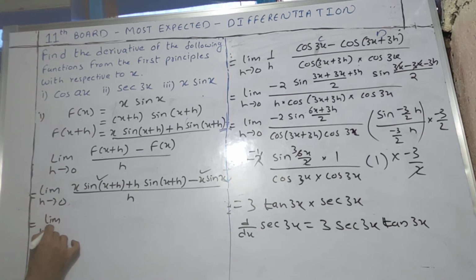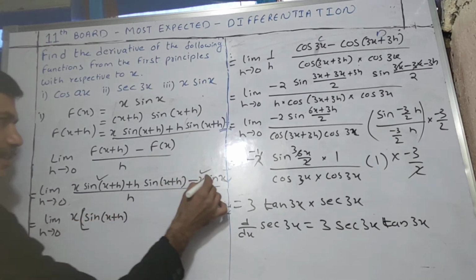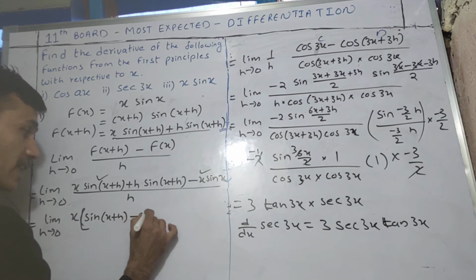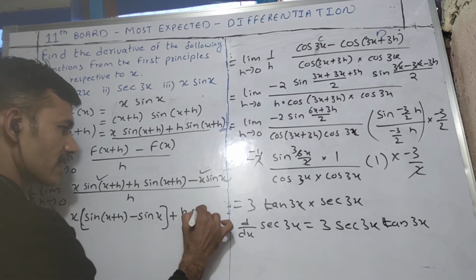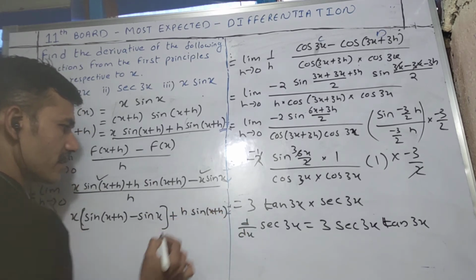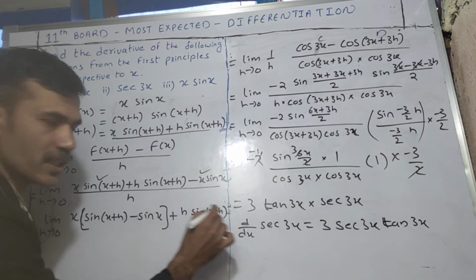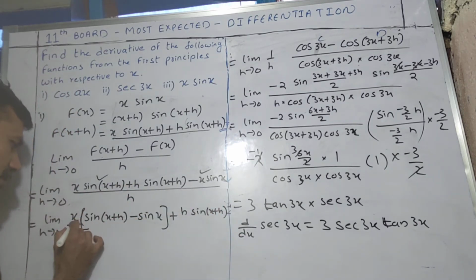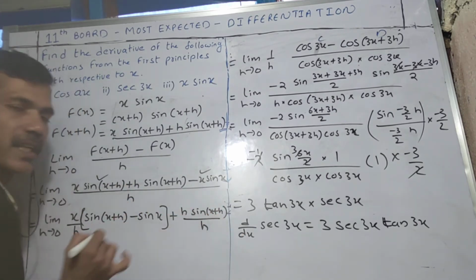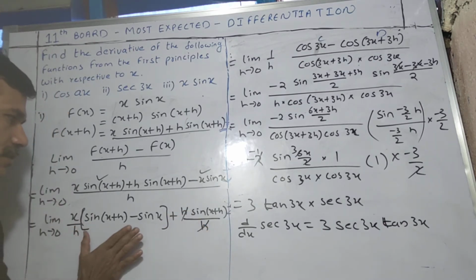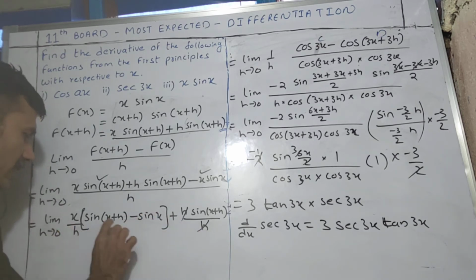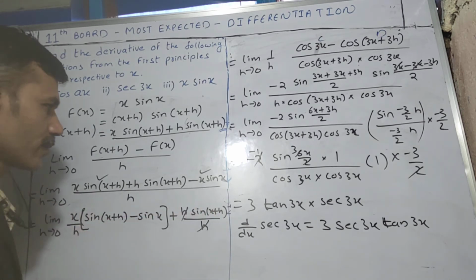So limit h tends to 0, if you take x common, what all will we get? Here sine x plus h will be there minus sine x is there, and this we can write aside: x times sine x plus h. The denominator is there, so each term we can divide with h. Here also we can divide with h. Here it can be cancelled. So now this is one function, this is one function. Then we can apply the limit for this and this.